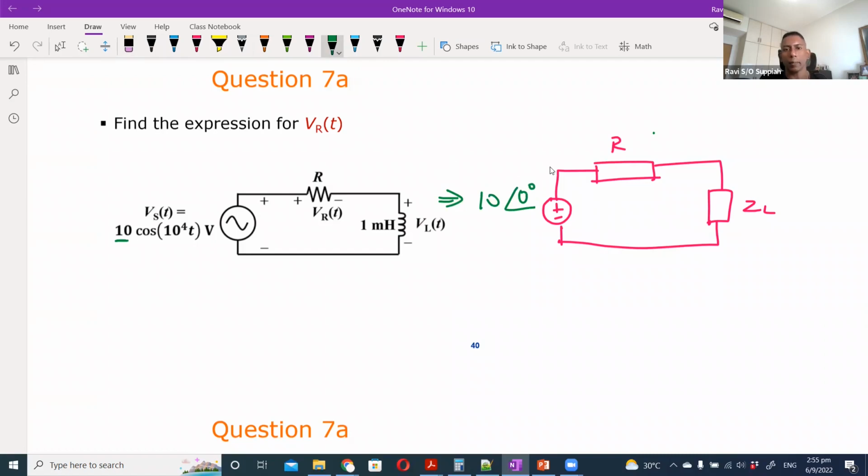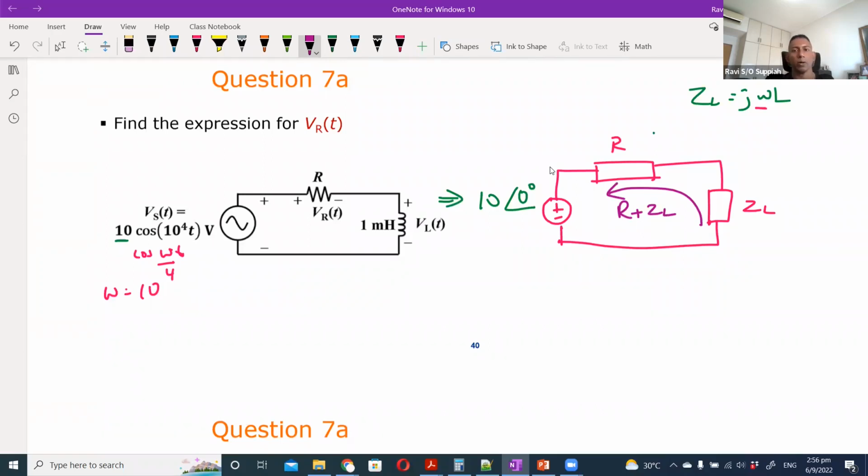For the inductor and capacitor, you follow the formulas given to you. So ZL will be j omega L. The first thing is, what is omega? Our expressions here are always given in the form of cosine omega t, so we know that omega in this case is 10 to the power of 4. This total impedance is given as R plus ZL.